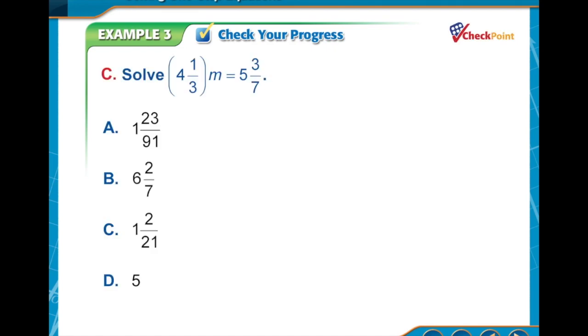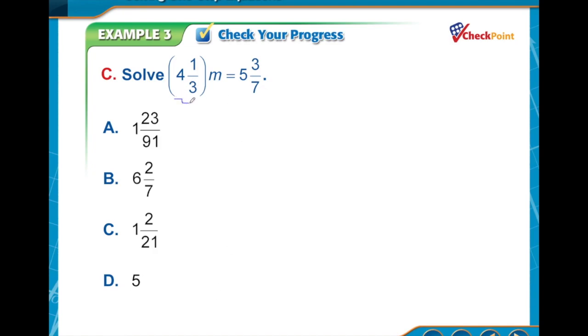Now 3c, in one step we can get m by itself. So here I see this is tied by multiplication, so I know I'm going to need to divide. But before I do any division, to make this whole problem easier for myself, I'm going to have to rewrite these fractions.